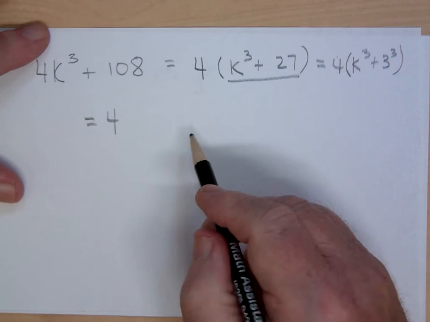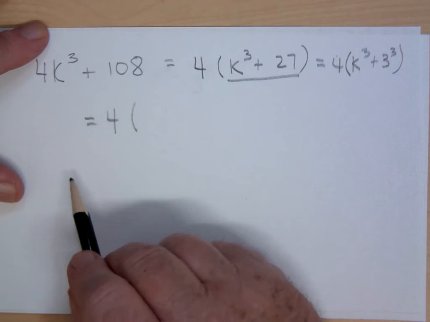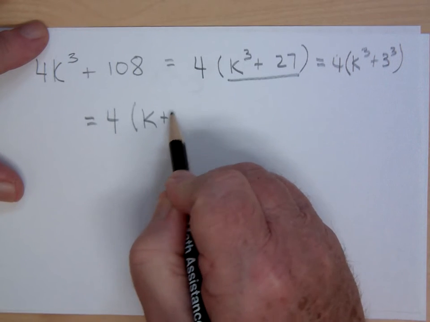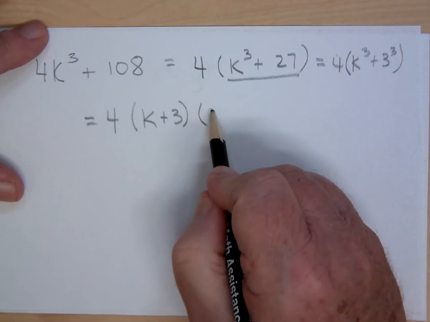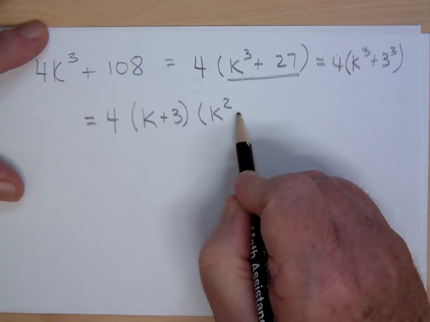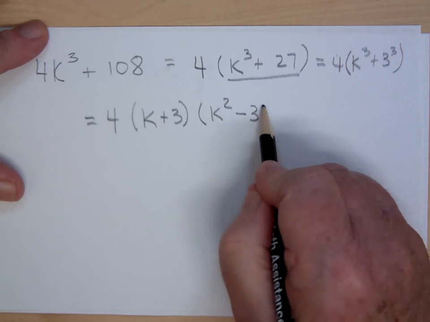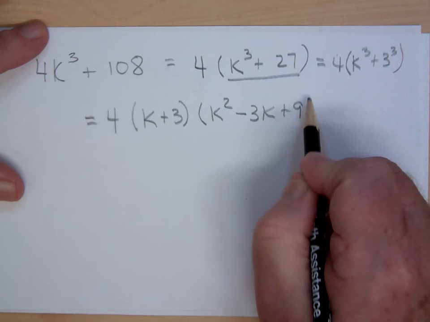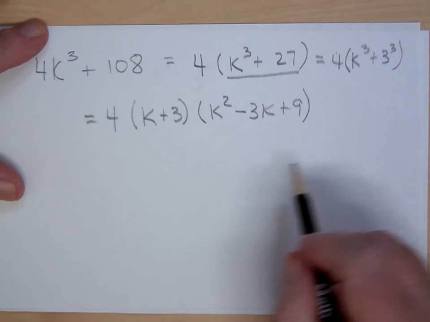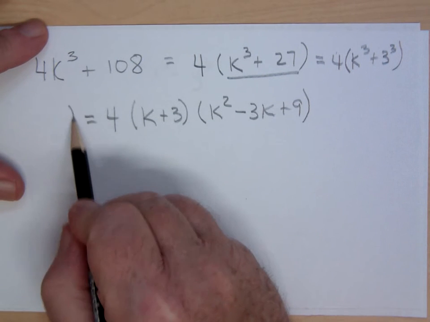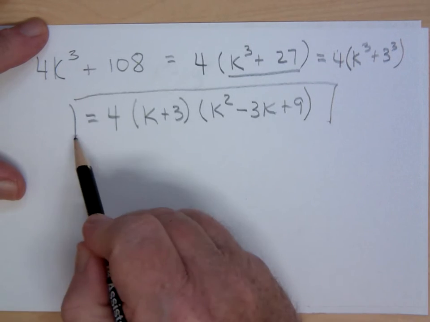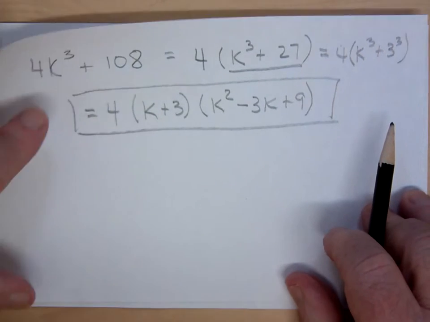I'll continue factoring, so I will have k plus 3 times k squared minus 3k plus 9. And so now that is the complete factoring of that one.